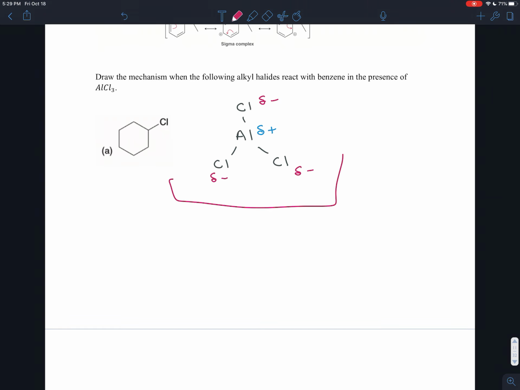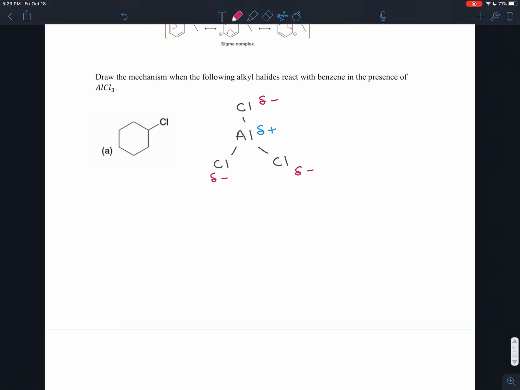So the shape of this molecule is trigonal planar. It's flat, like a pancake. And the chlorine on the carbon chain that we want to attach to benzene, that chlorine is able to sort of descend onto the top of this pancake and get close to the aluminum.